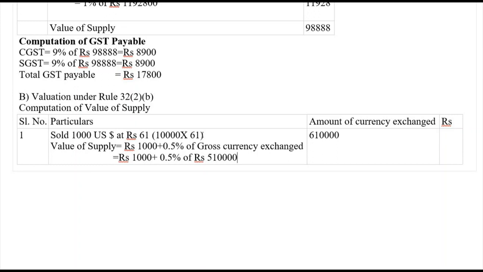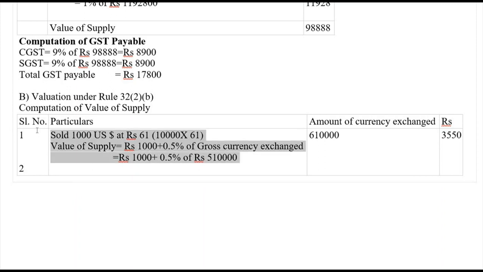It is 6,10,000 minus 1 lakh. That comes to 3,550. Then similarly we go to the next one.